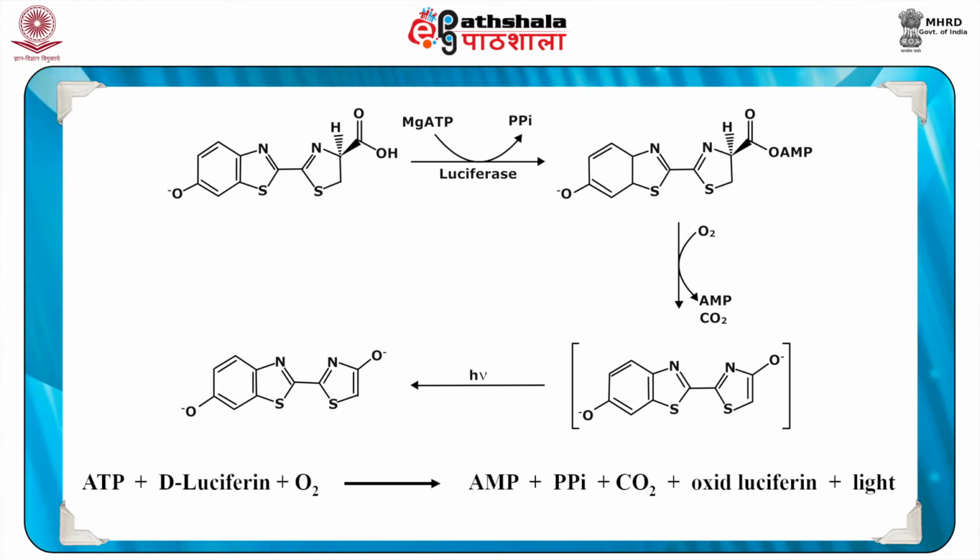The equation indicates ATP plus D-luciferin plus oxygen giving rise to products AMP plus pyrophosphate plus carbon dioxide plus the oxidized form of luciferin and light. This light is typically seen in cold or dark nights wherein you can see the fireflies moving around giving rise to light.